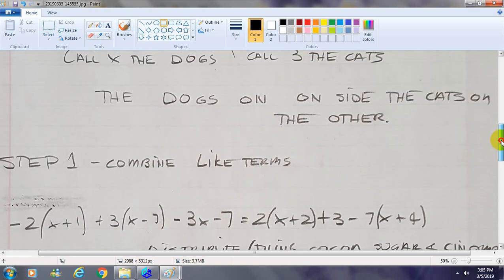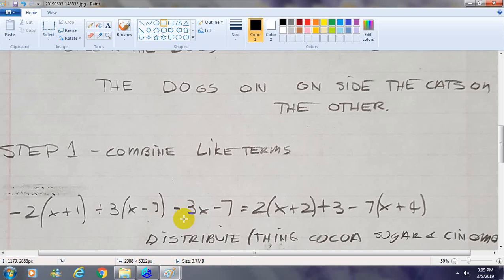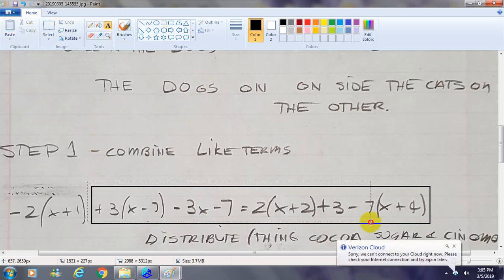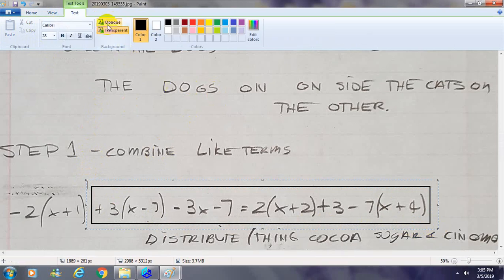Now, if you see a problem like this and you want to distribute things, you may get intimidated by all this stuff going on. So the first step here is to break this problem into smaller problems. In other words, cover things up and hide them.